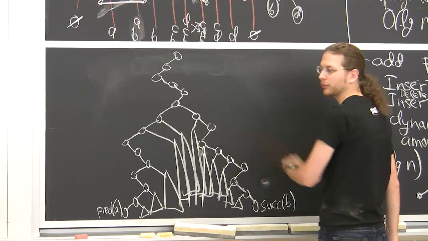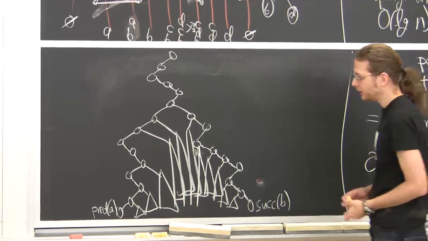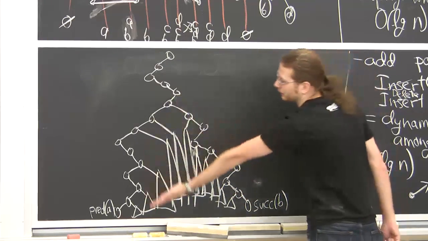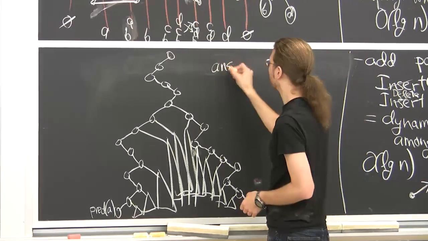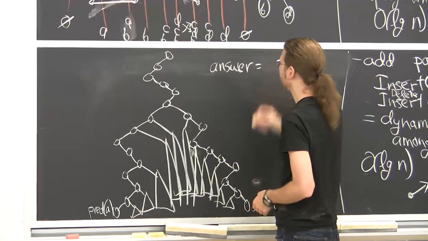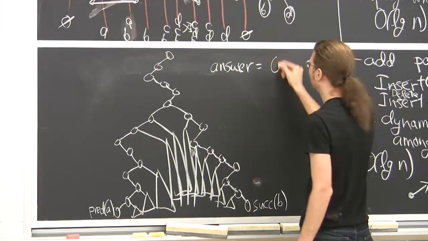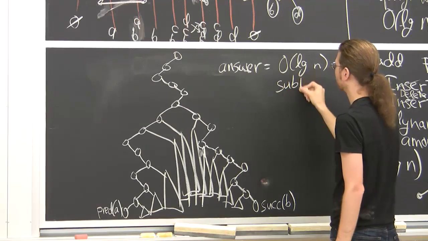But from here, there's no subtree that we care about, because this is all greater than what we care about. Okay, but the good news is there's only log n of these subtrees, maybe 2 log n, because there's the left side, the right side. Okay, so the answer is implicitly represented. We don't have to explicitly touch all these items. We just know that they live in those subtrees, and there's order log n subtrees.